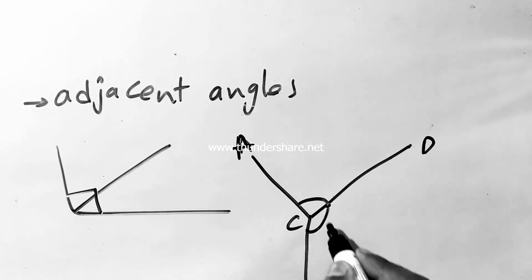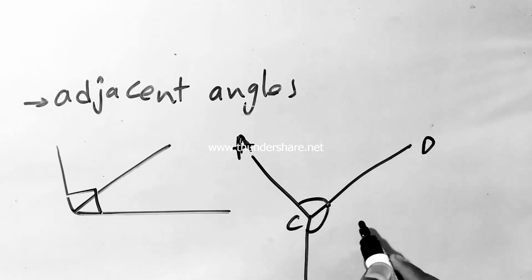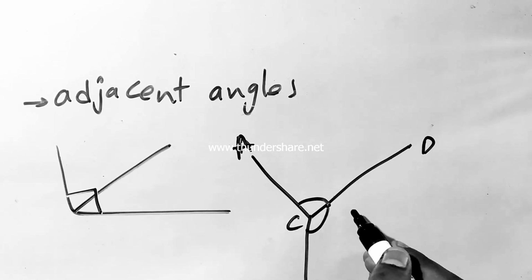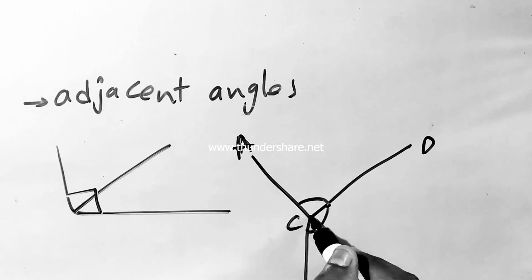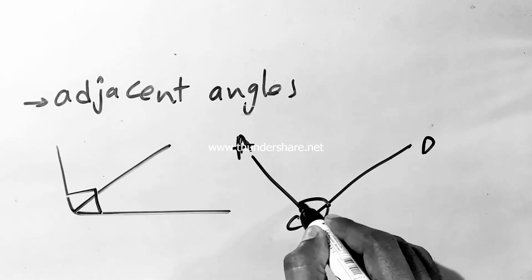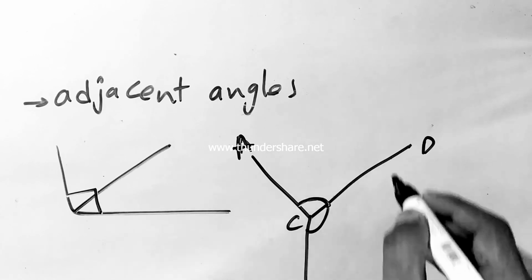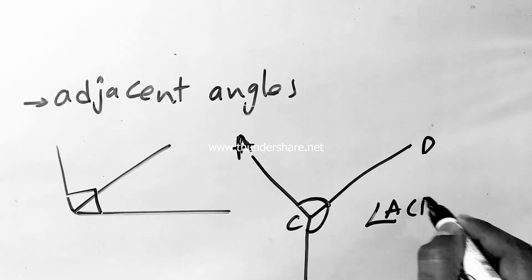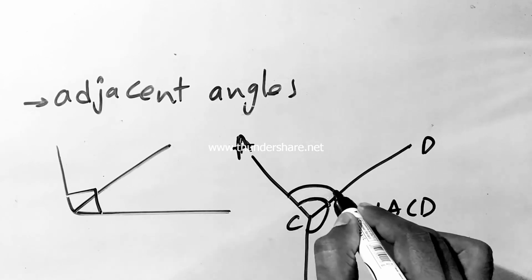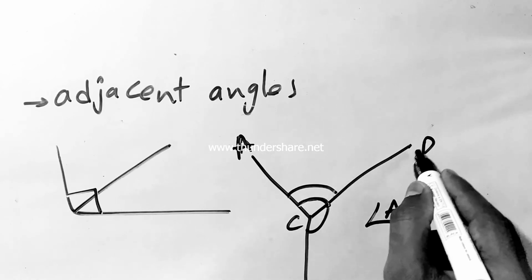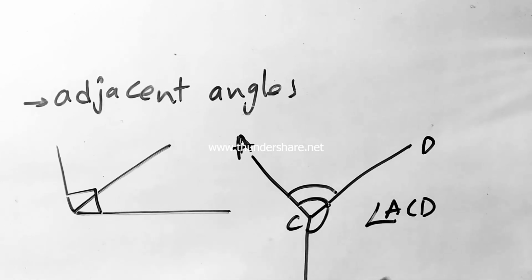So CD making a line, this is a common arm and also having the common vertex. Vertex, the common point, is nothing but vertex. So these two angles, ACD is an angle, and DCB is another angle, which are side by side.